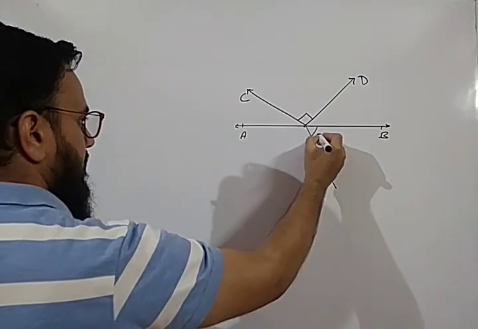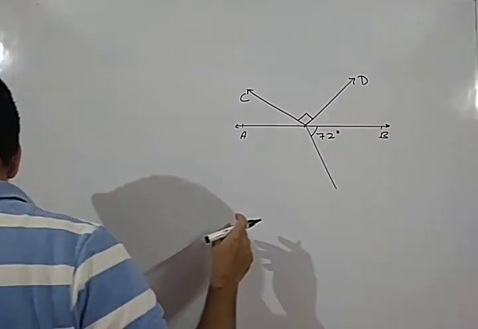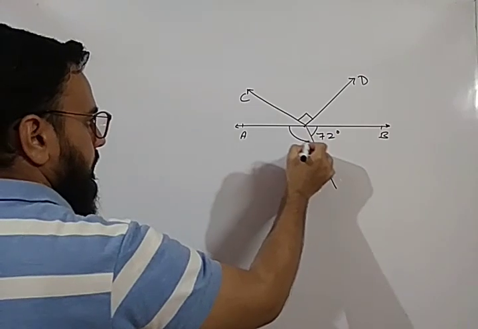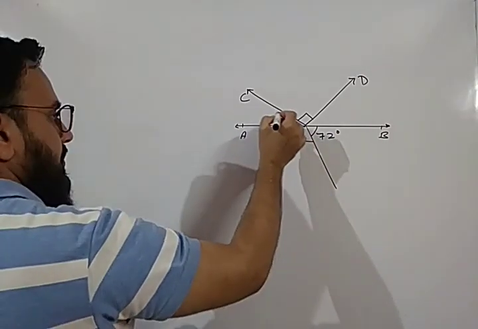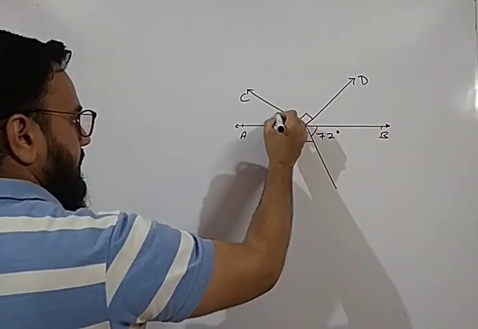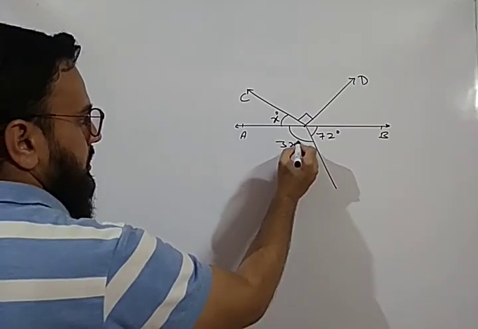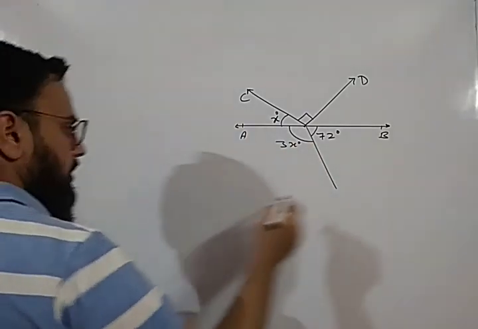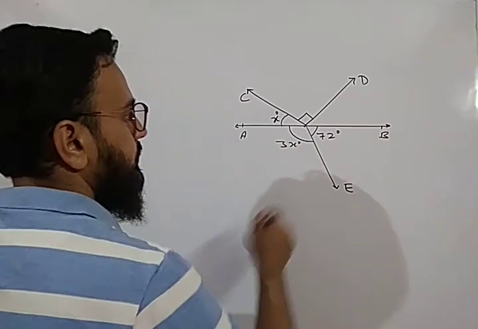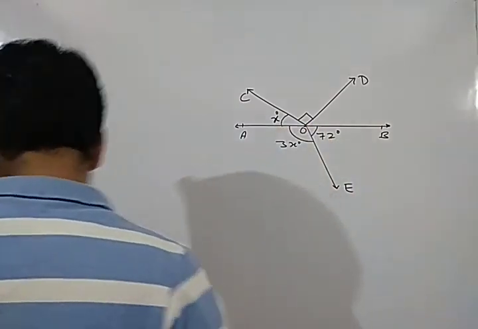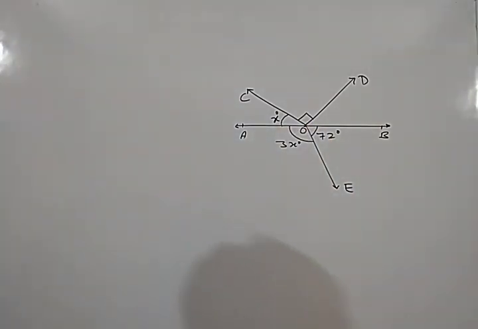And let this angle be 72 degrees. And this angle is x degrees and this angle is 3x degrees. This point is E and this is O. Okay, so we are given this figure. Draw the figure first.